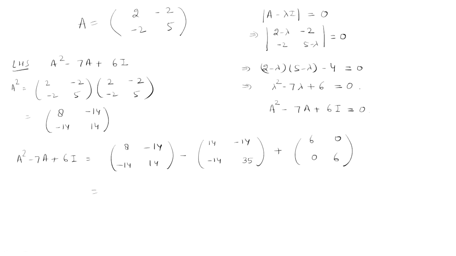Now 8 plus 6 is 14 and 14 minus 14 is 0. Similarly, minus 14 plus 14 is 0, minus 14 plus 14 is 0, and it is 14 plus 6, which is 20.